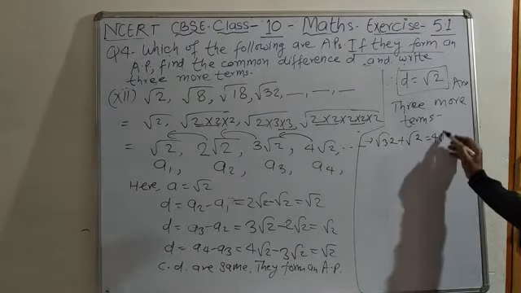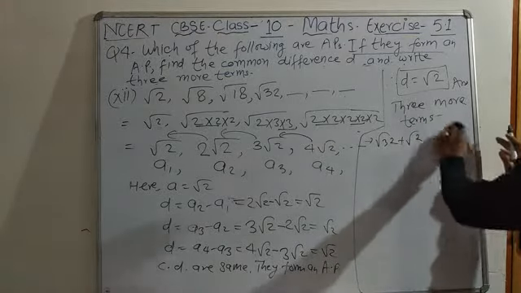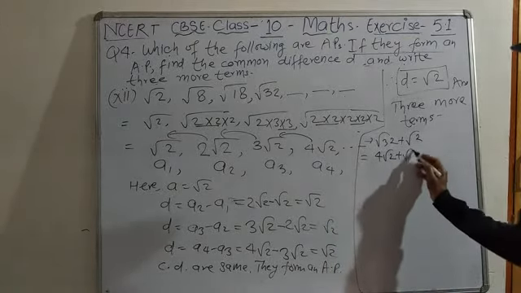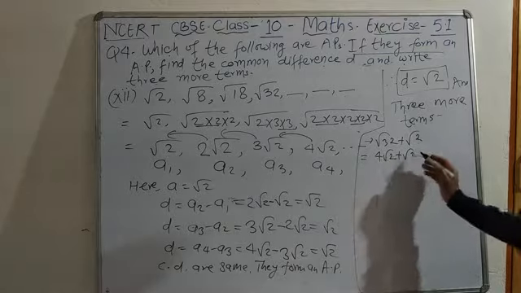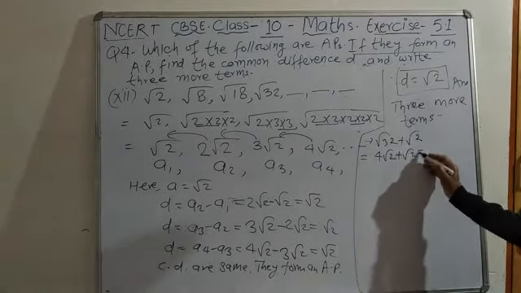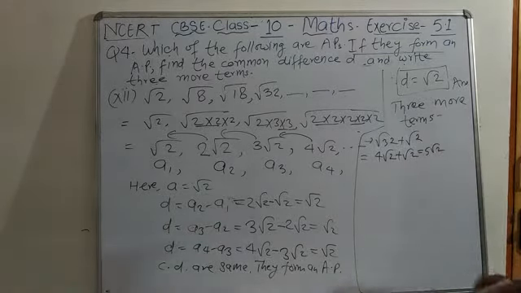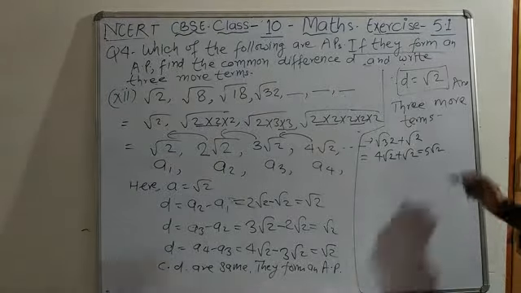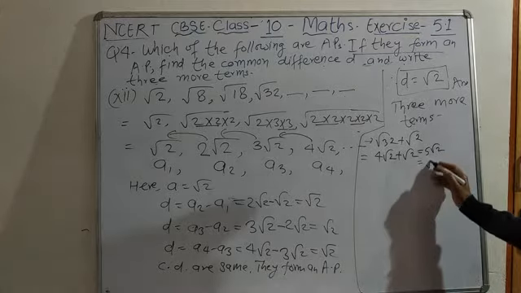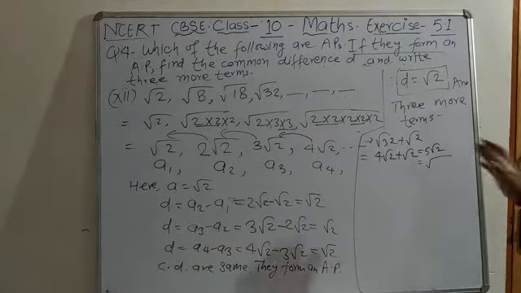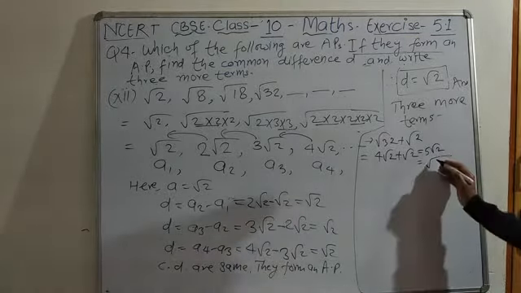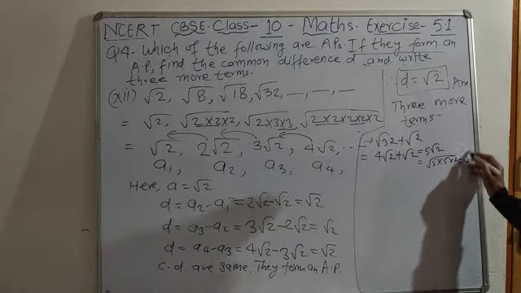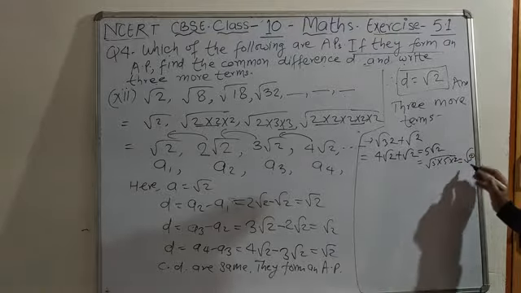So 4 root 2 plus root 2, 4 plus 1, that is 5 root 2. You should write the answer inside the square root. So 5 is outside the root, it goes inside the root as a pair: 5 into 5 into 2, that means root 50. It is the first.